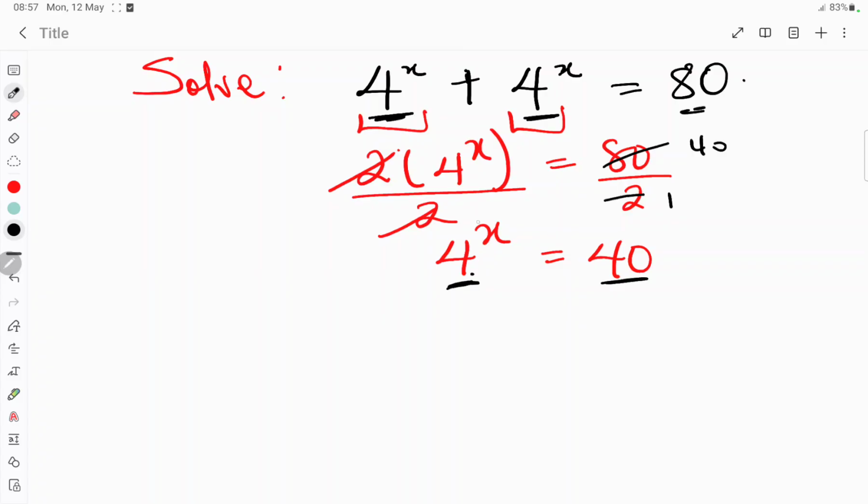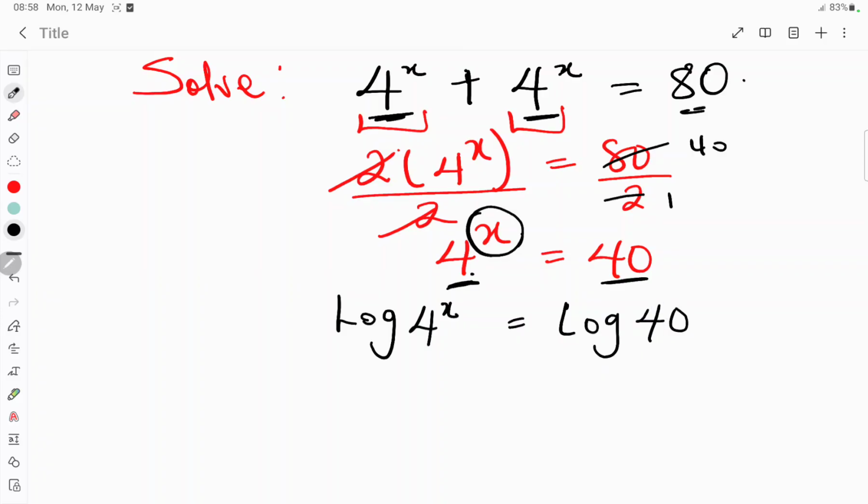Okay, the reason why we use logarithm is that logarithm allows us to multiply the power to the log. So all we have to do is take log of both sides. Log of 4 power x is equal to log of 40. Good.